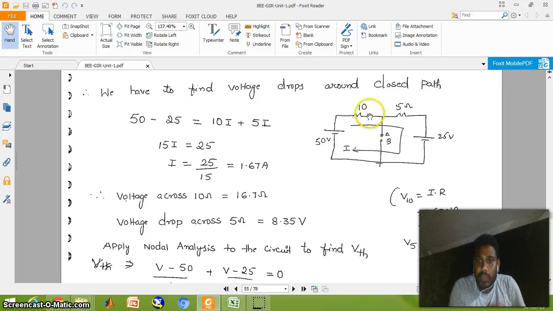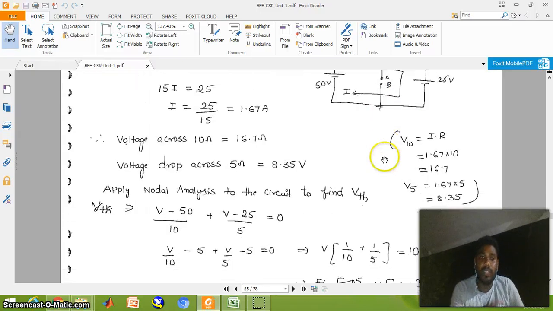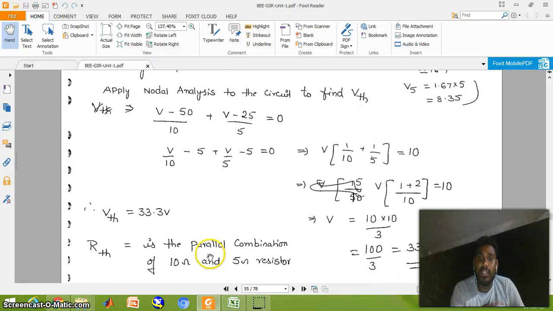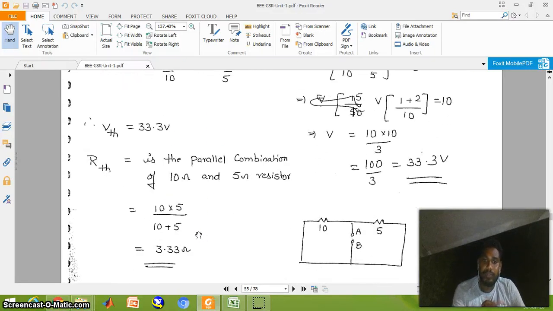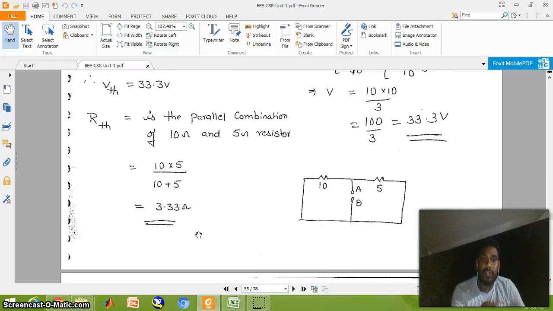Current through the 10 ohm resistor is (V Thevenin minus 50) by 10, plus current through 5 ohms is (V Thevenin minus 25) by 5, equal to 0. There is one unknown quantity, so one equation is enough. Calculating, we get V Thevenin equal to 33.3 volts.